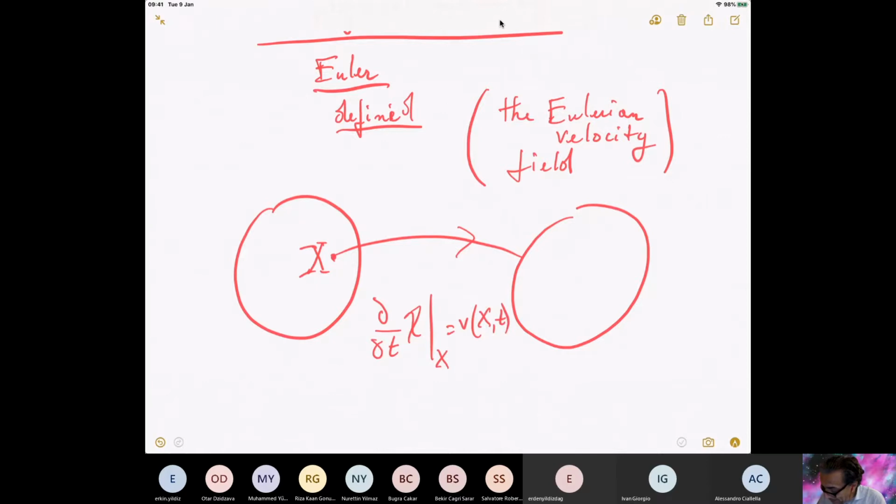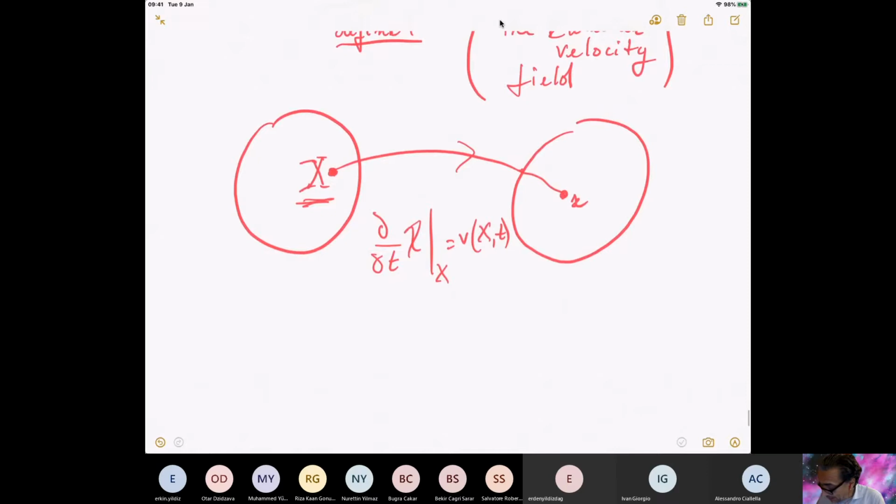And then, instead of considering capital X as an independent variable, we consider small x as independent variable. So what we do, we write v of small x and t as v of k minus 1 of x and t.